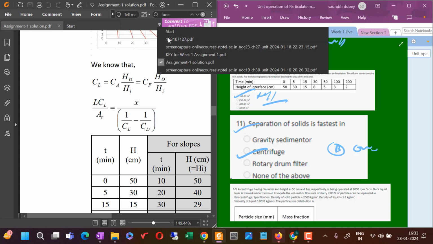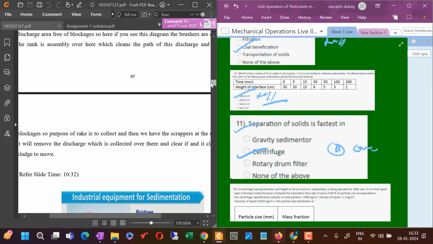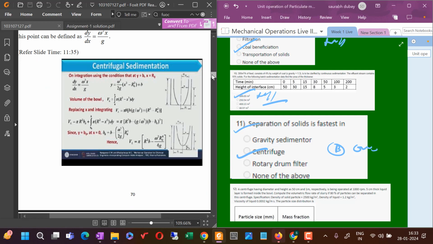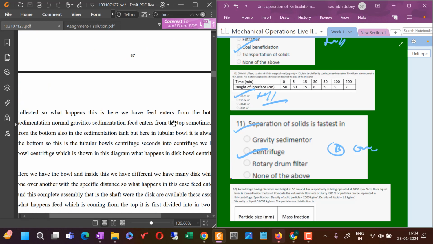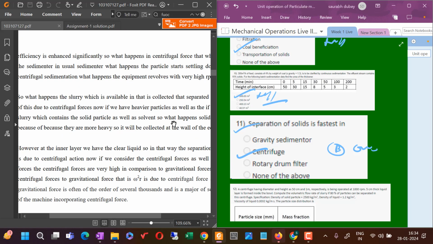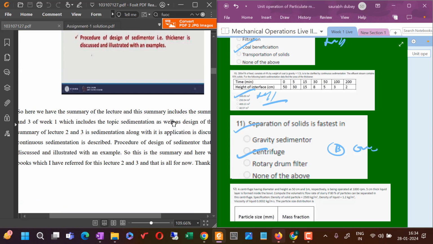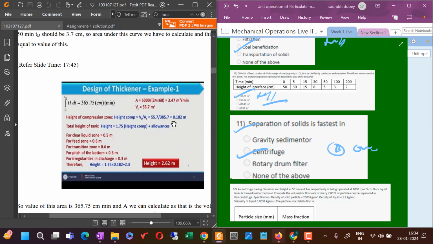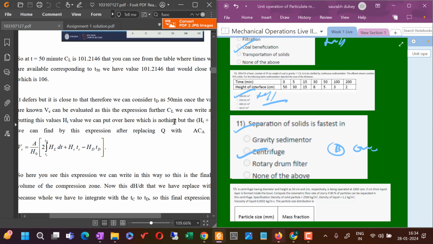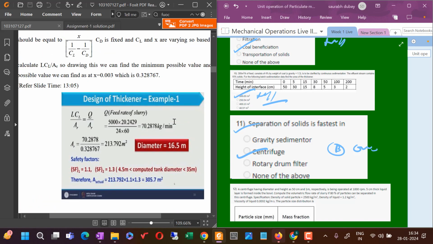So you see, a similar example was explained in the class also, and there you came to know that this height of the interface is the factor that was playing its role, and that was used in the calculation of the area, and that came from the minimization of your LCL by AR.